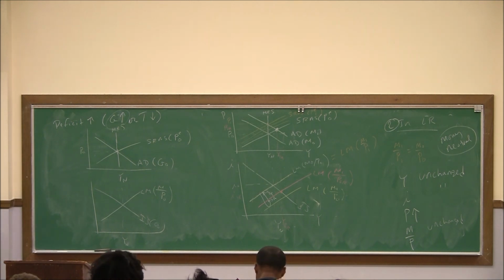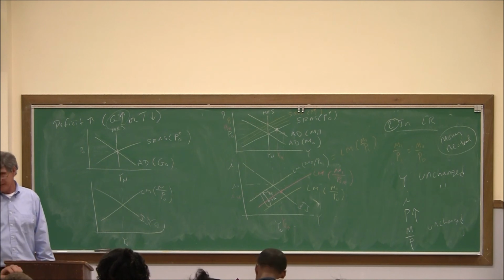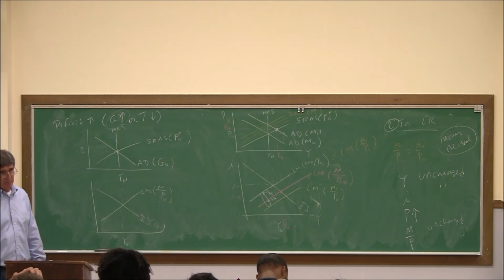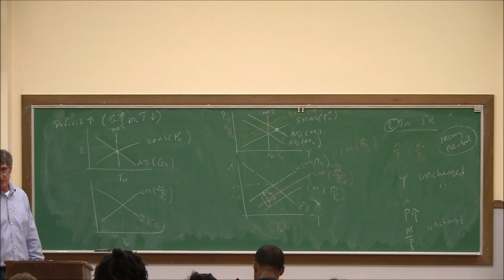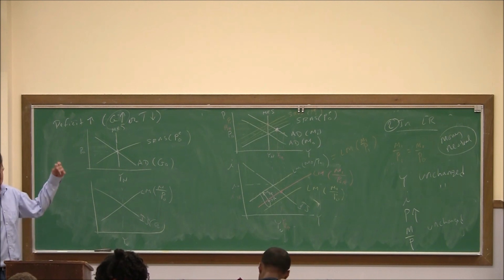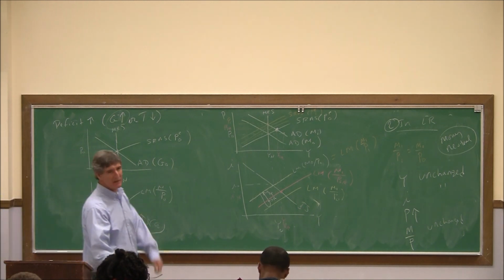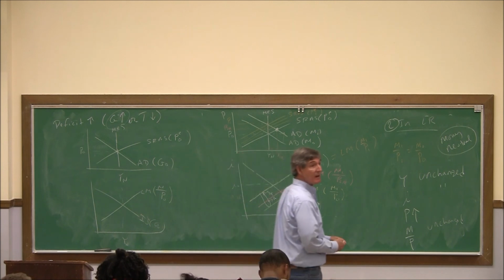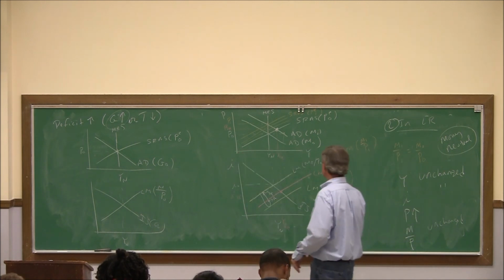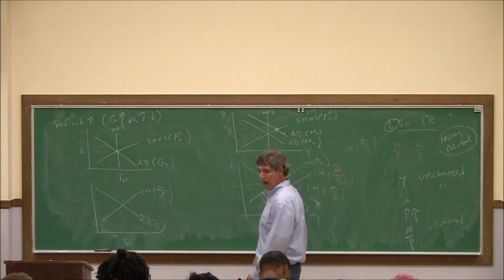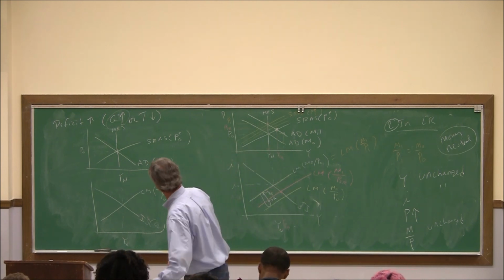So we want to increase government spending. We want to shift the IS, and see what happens. So let's do that. What do we use first? Yellow.